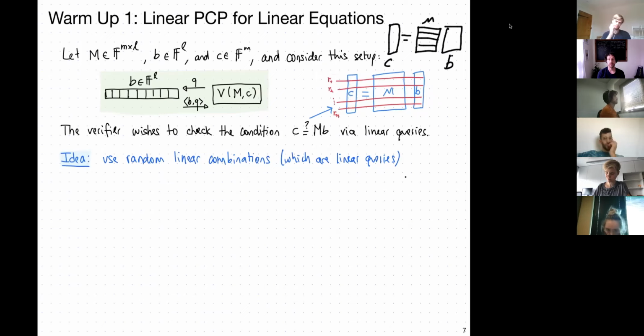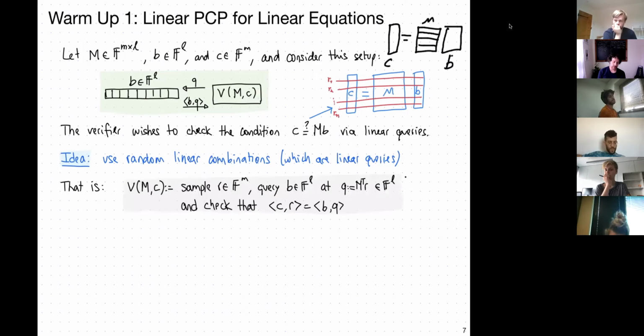One natural thing would be to sum all of these together and check that the sum is still 0. But then you might say, what if we have some cancellations? Exactly as we have with primes, you put some random coefficients and multiply, and you argue easily that unless you are extremely unfortunate in your choice of randomness, this would only equal C if all of the constraints are being satisfied.